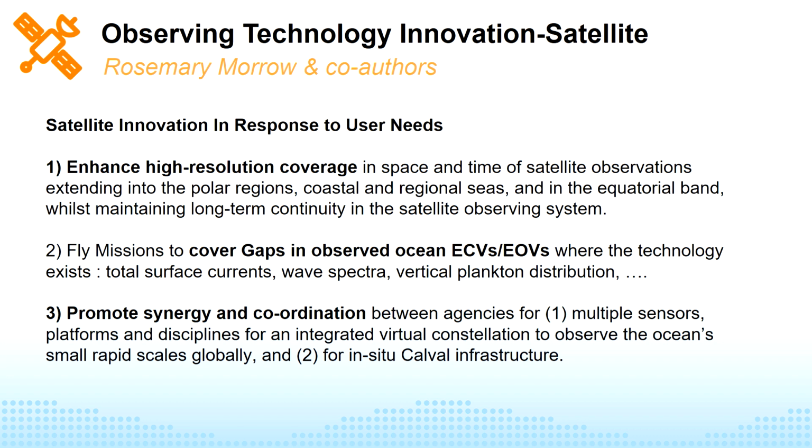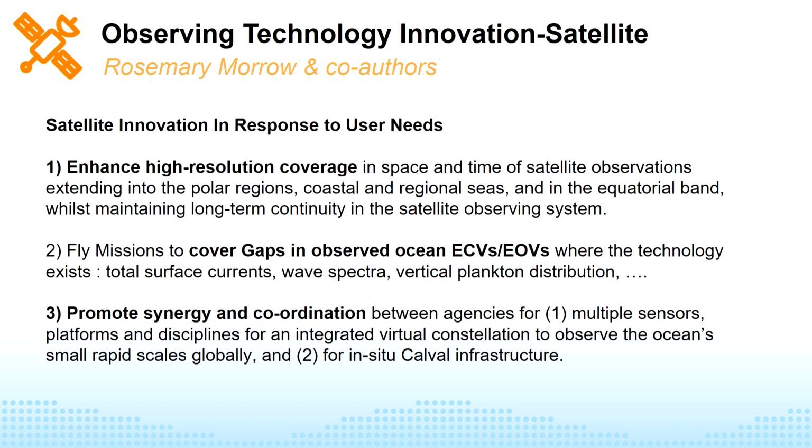And the third part is to promote synergy and coordination between the different space agencies and groups, so that we can have multiple sensors, platforms, and disciplines that will give us an integrated virtual constellation in these new areas, such as the coasts, high latitudes, etc., that will be able to have multi-parameter dynamical and biogeochemical observations of the small rapid scales.